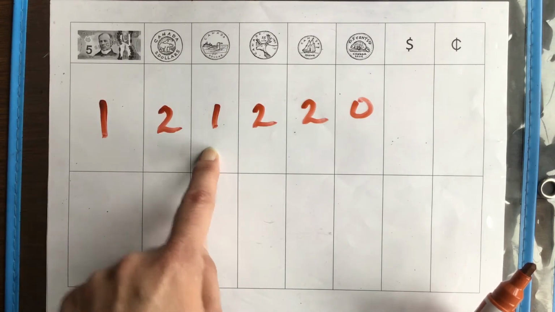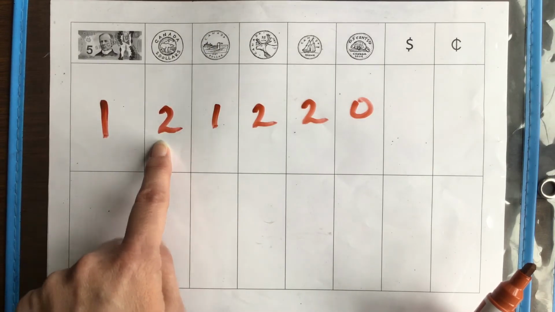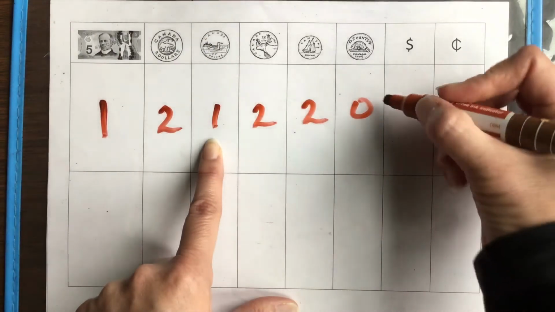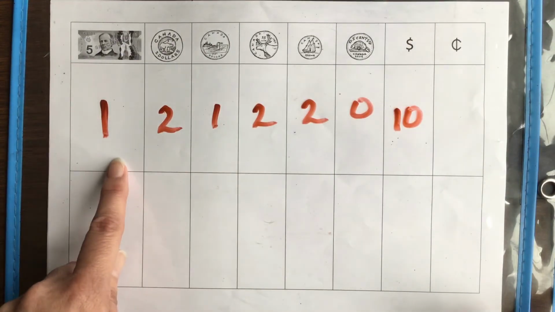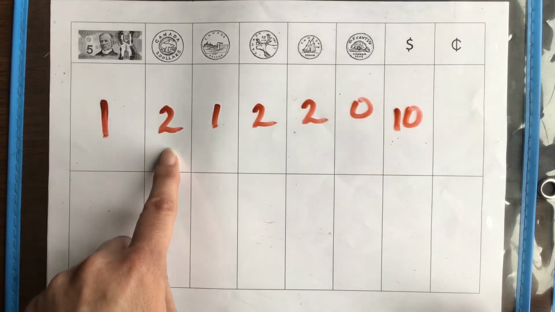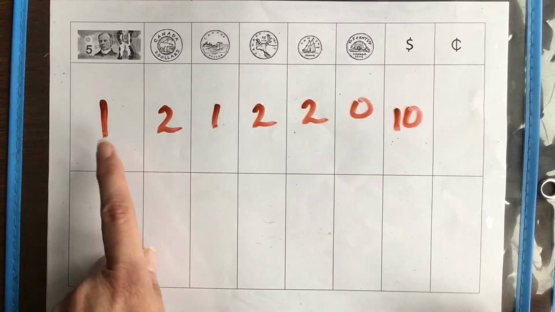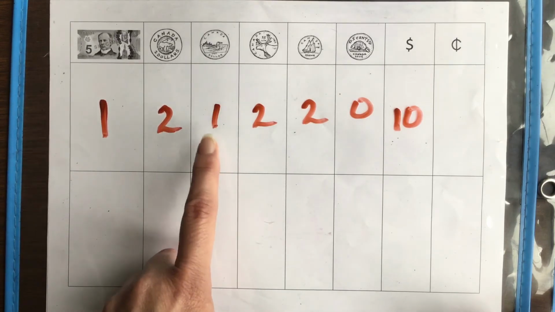Let's add that up. 5, 6, 7, 8, 9, 10. I have $10. Do you want to see how that worked again? I had 5. Then I have to add $4 more because 2 toonies equals $4. That's 5 plus 4 is 9. Plus 1 loonie is $10.